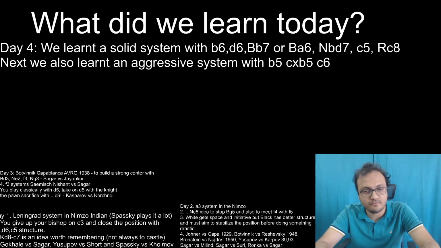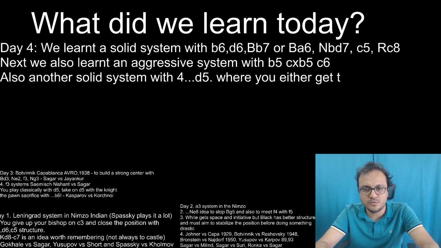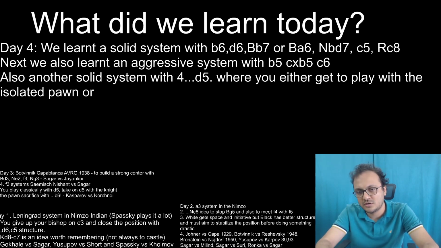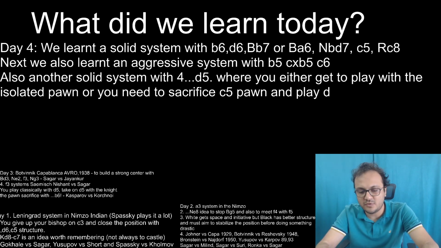And also another solid system with fourth move d5, where you either get to play with the isolated pawn, or you need to sacrifice c5 pawn and play d4 e5.